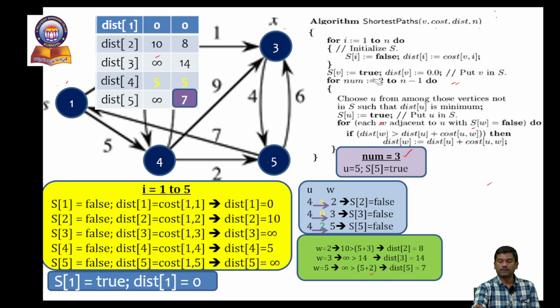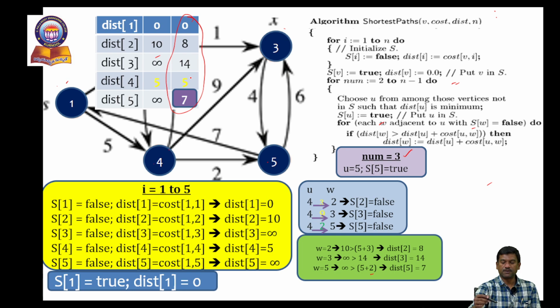Here you choose u from among those vertices not in S such that distance of u is minimum. From these values, what is the minimum? As I've explained, you should not consider 0 or infinity, and among the other values, whichever is the minimum: 8, 14, 5, 7.